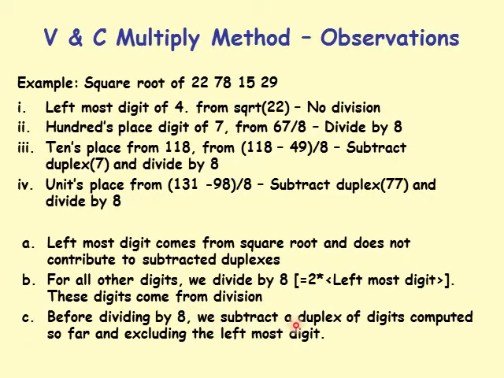Before dividing by 8, we subtract the duplex of digits computed so far, excluding the leftmost digit.